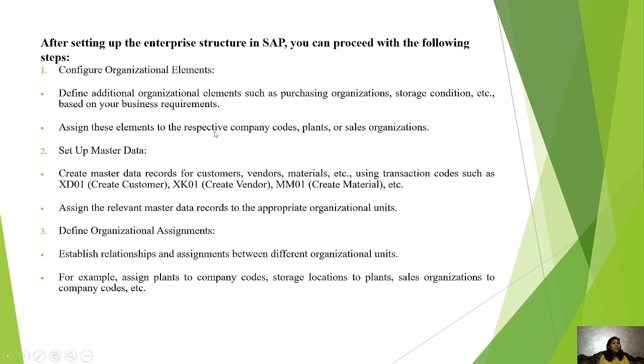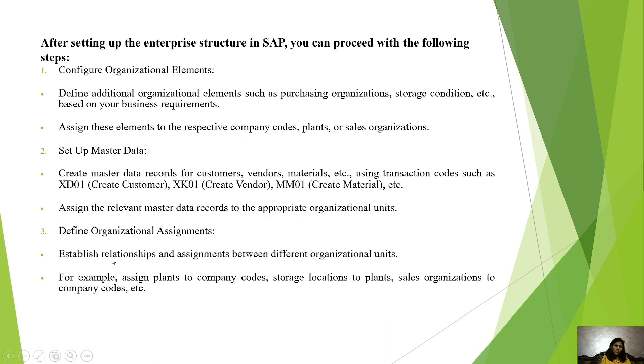Assign these elements to the respective company code, plant, and sales organization, and set up the master data. Create master data records, such as vendor and material, using transaction codes like XD01 to create a customer, XK01 to create a vendor, and MM01 to create a material. Assign the relevant master data record to the appropriate organizational unit. Then again, define the organizational assignment.